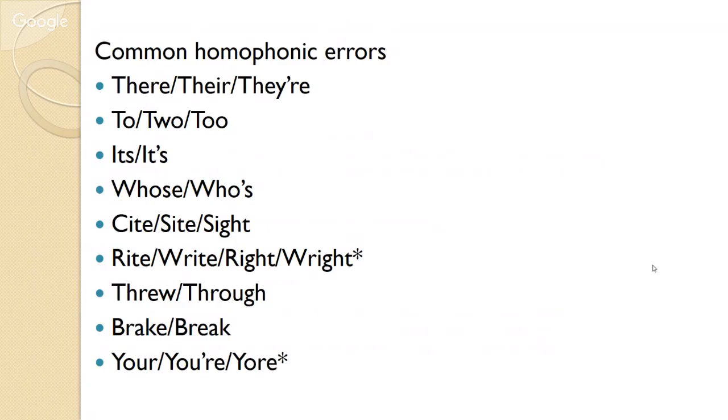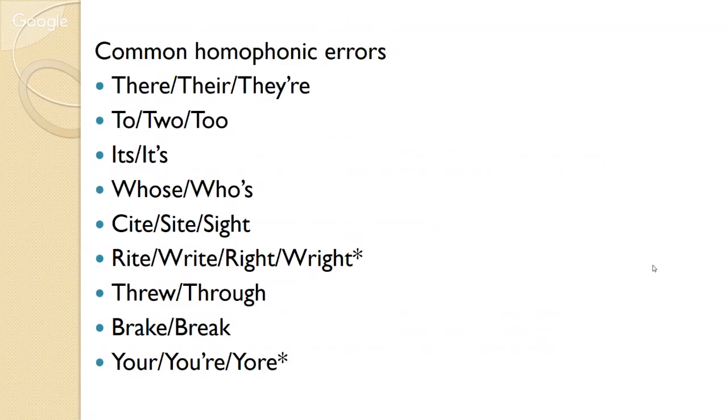I think what happens is they get a little bit lazy when it comes to proofreading, especially on social media, which is where you see a lot of these errors. You know how to spell these, but you get lazy when it comes to proofreading, so you don't check to make sure that you spell them correctly.